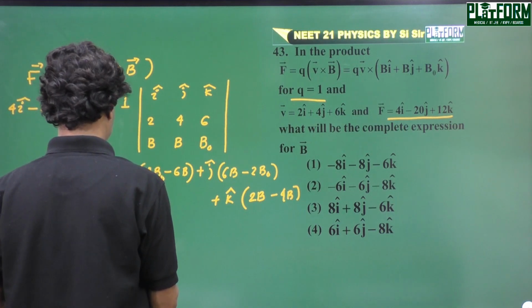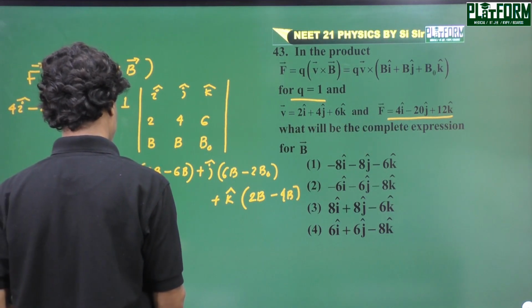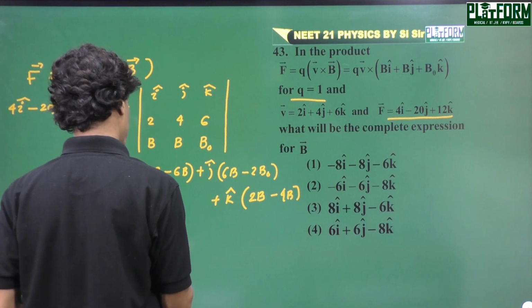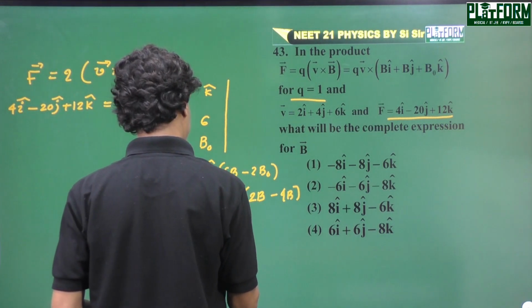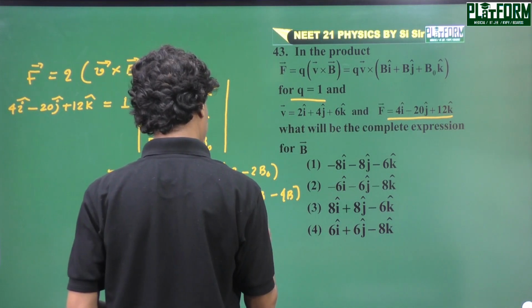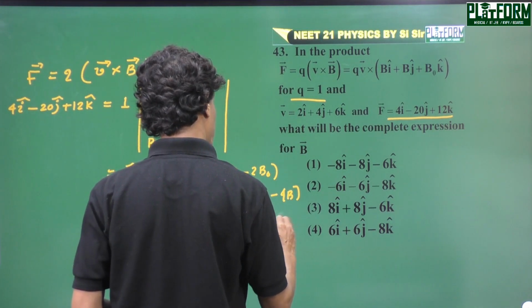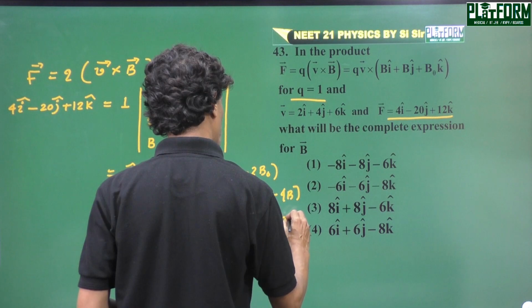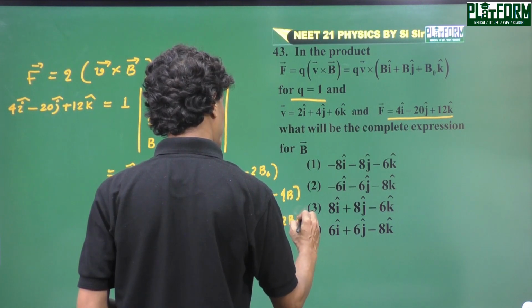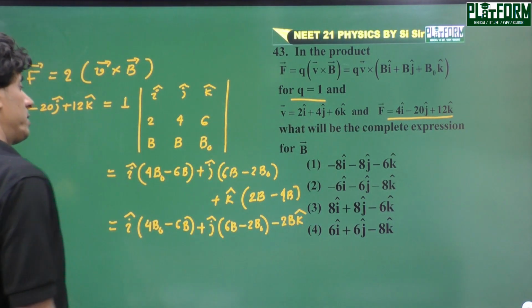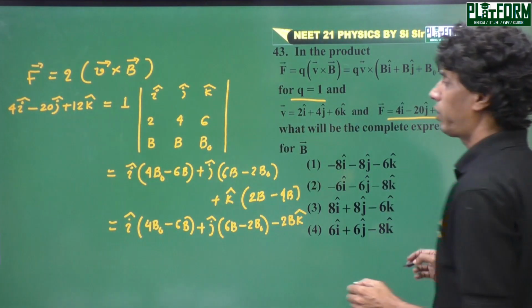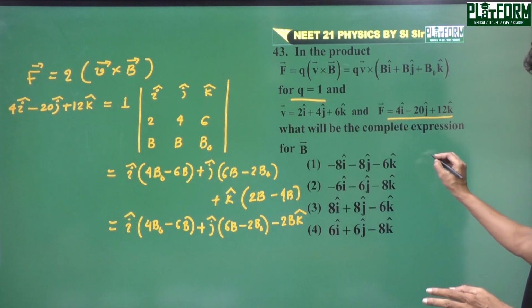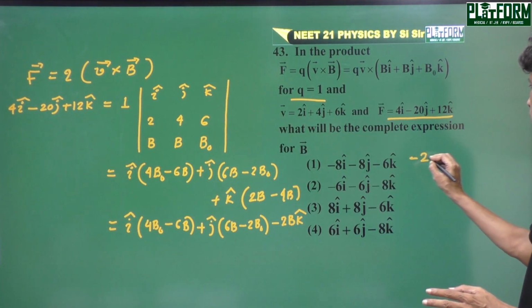Simply it is I cap 4b naught minus 6b plus j cap 6b minus 2b naught minus 2b k cap. Just by comparing, first of all, we have to compare minus 2b.